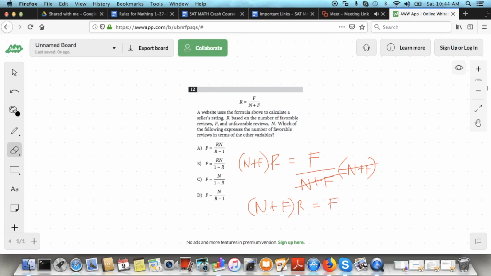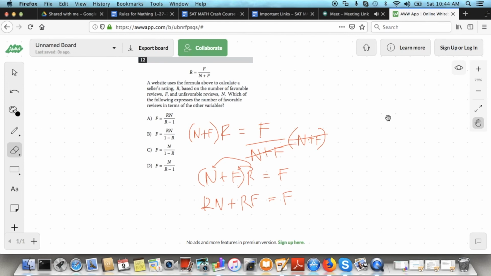Now you've got to distribute the R right here. We get RN plus RF equals F. Now at this point, the general strategy is you want to get all the terms with the variable you're trying to isolate onto one side of the equation. So I would subtract RF from both sides.